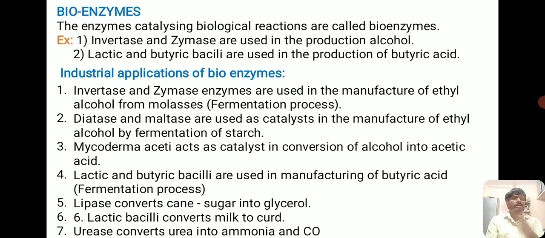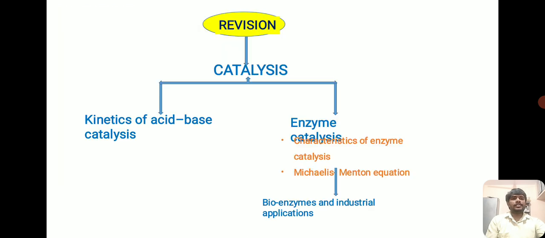We know this conversion of milk into curd; lactic bacilli acts as an enzyme here. And the next one, urease converts urea into ammonia and CO2. These are the important industrial applications of bio-enzymes.